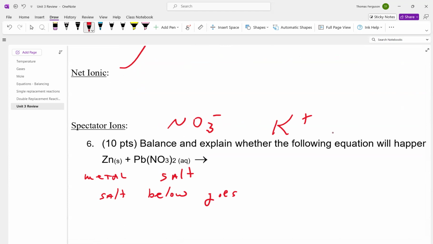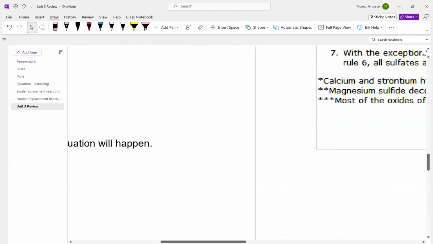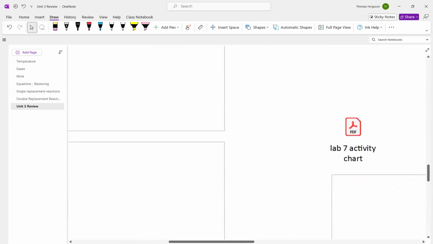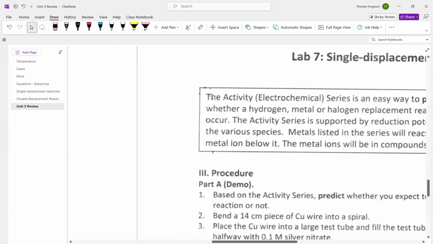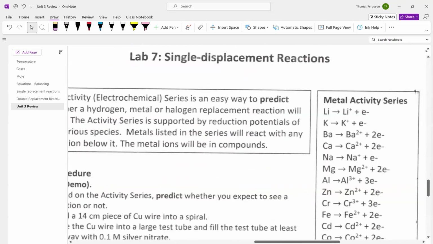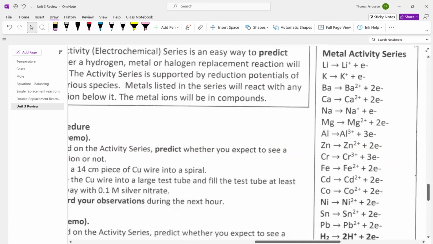Okay, so let's look at the activity series. So we're looking at zinc and lead. Okay, so here's lead and here's zinc. So which one of those two is the salt, the lead or the zinc?